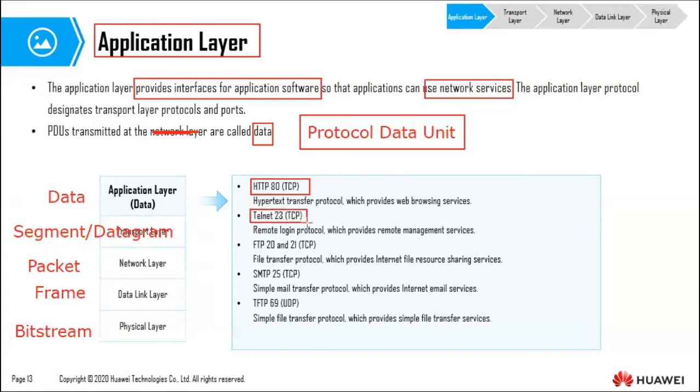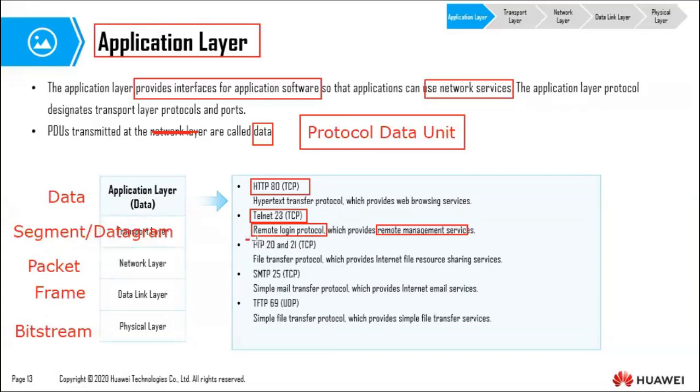Then we have Telnet, port 23. Telnet is used for remote access, remote management services, remote login. It's a remote login protocol, meaning that you are in Angola, but you are able to access a server in DRC Congo.